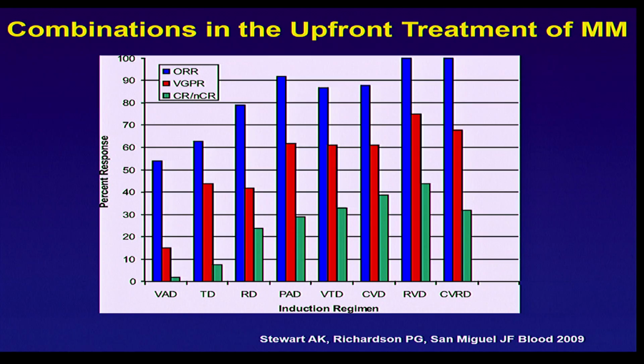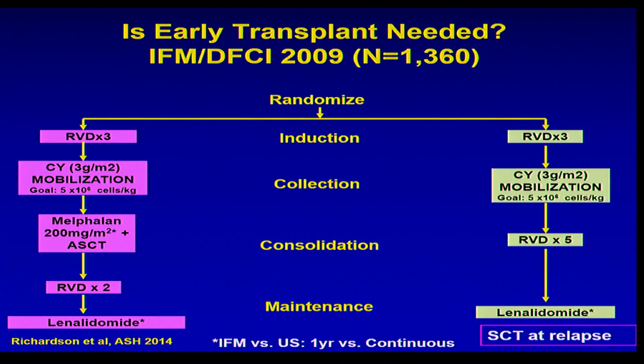Because of short time, I'll just point out this triplet right here, which is lenalidomide, bortezomib, dexamethasone, which has 100% response, 3/4 very good partial, and half complete responses, including molecular CRs.